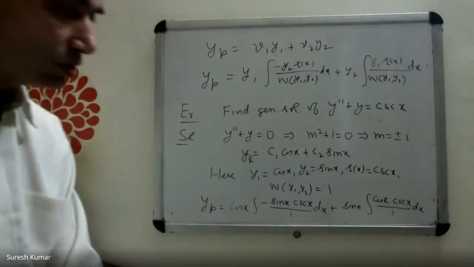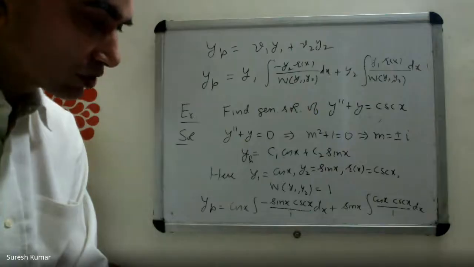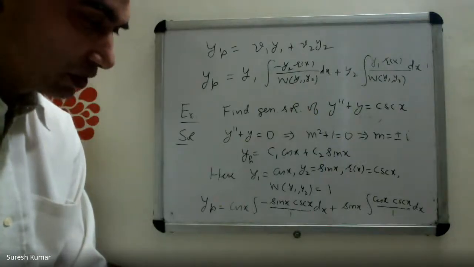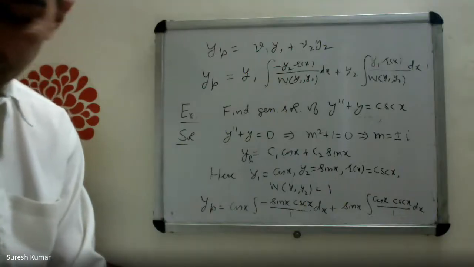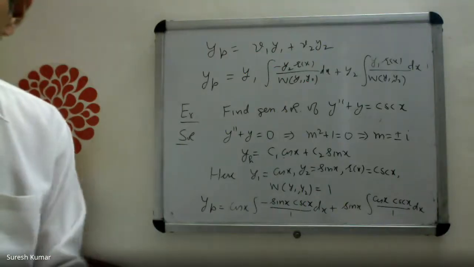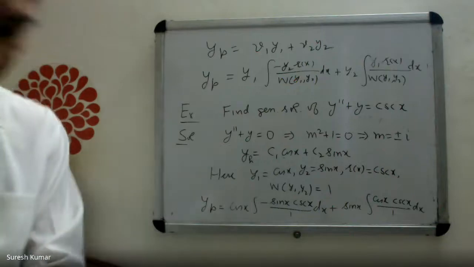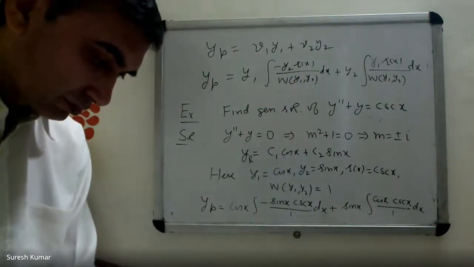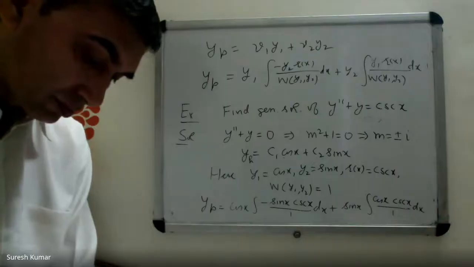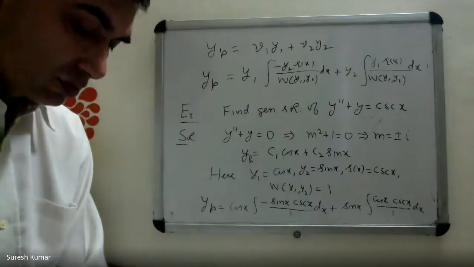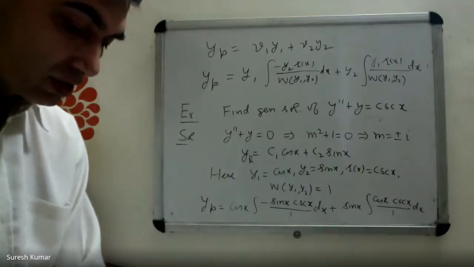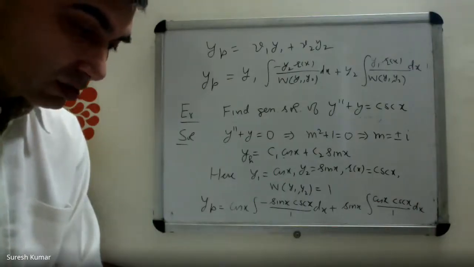We have substituted y1, y2, rx and Wronskian into the formula for yp. After this, it's a matter of integration. Tell me what is your answer? Sir, so it's minus x cos x plus sin x ln sin x. Yes, minus x cos x plus sin x log sin x, right?